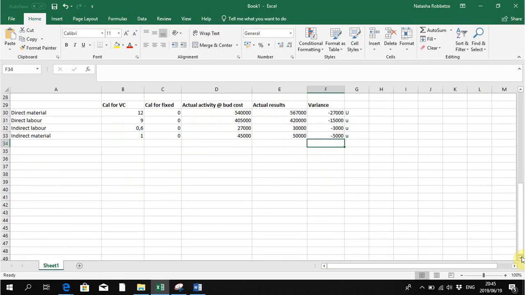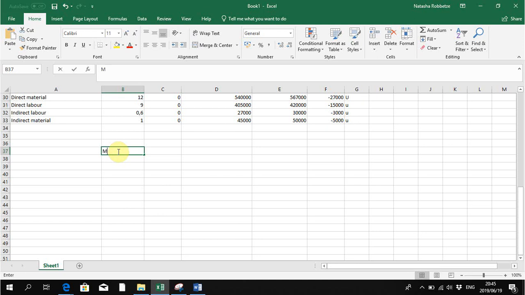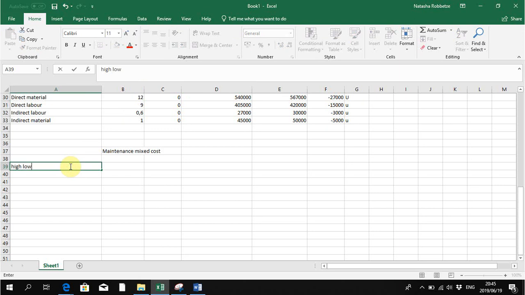So for maintenance, it must be a mixed cost because at the two budgeted levels, if you do your division, the answer is not the same. So we're going to apply the high-low method. This is now a support calculation. This is highest. This is lowest. And we need to calculate the difference. We always have an activity and we have an amount.